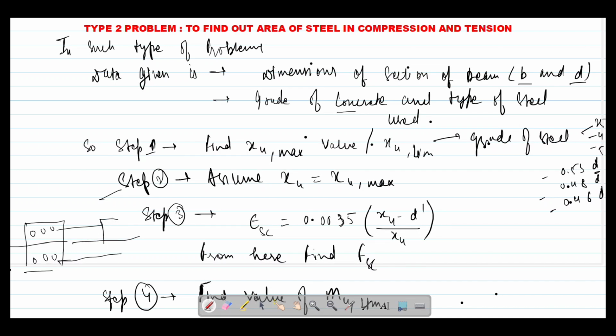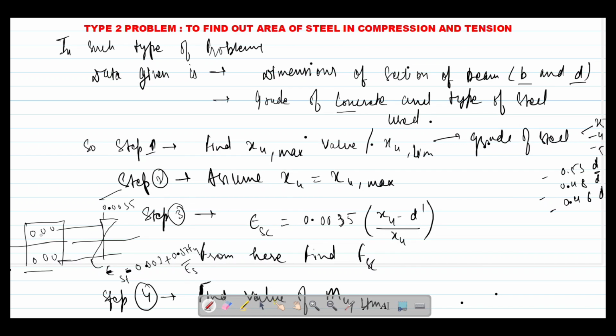This is the neutral axis, this is the zero line, and suppose this is the maximum strain in the tension zone, that is epsilon st is equal to 0.002 plus 0.87 fy upon Es, and this is the maximum strain in the compression zone, that is 0.0035.